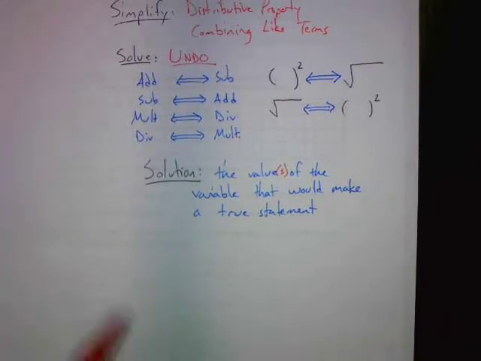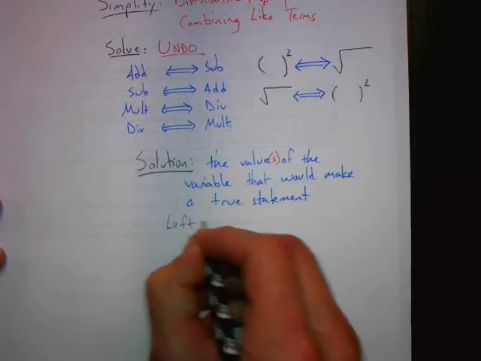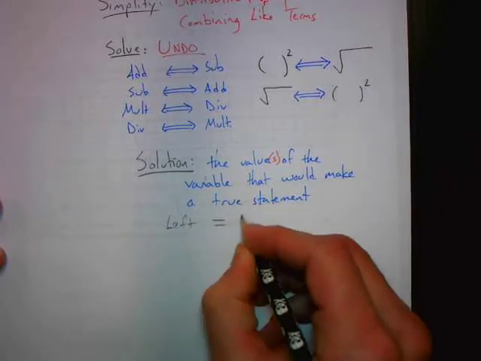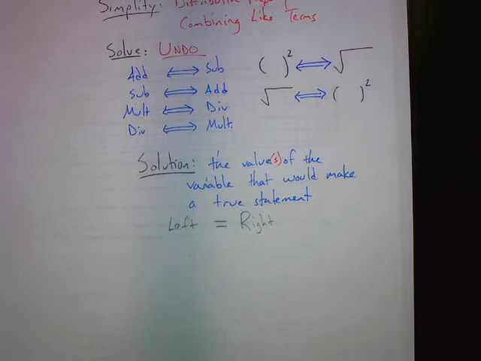And a true statement is a statement that has the left side being equal to the right side. If we're using inequalities, we can still have true statements if the left side is less than the right side or the left side is greater than the right side.